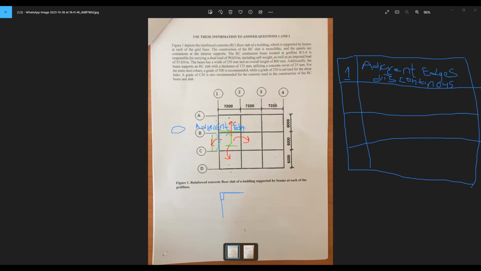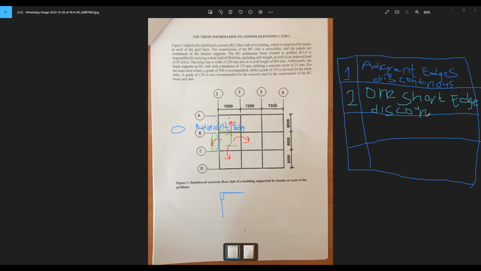So let's go. We have to just write it here. Panel 2, one short edge discontinuous, because it's only one side which leaves us out of the whole panel system.